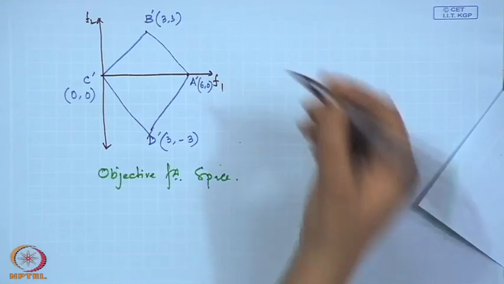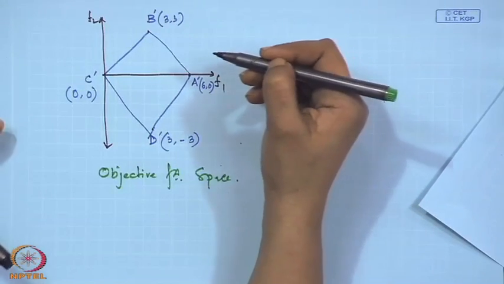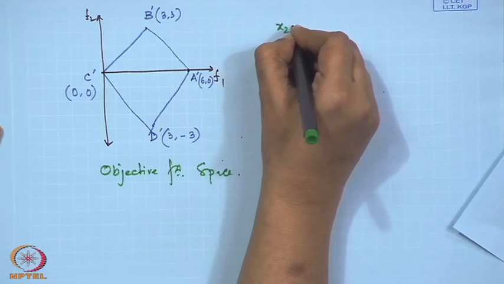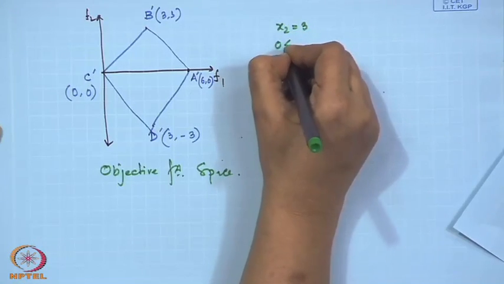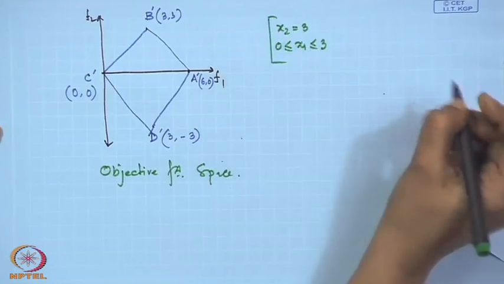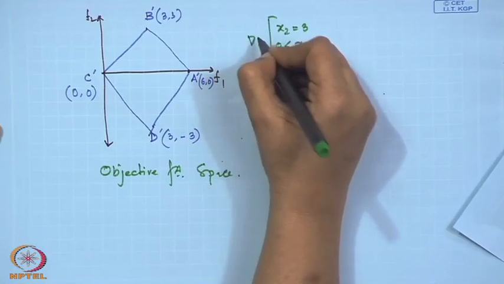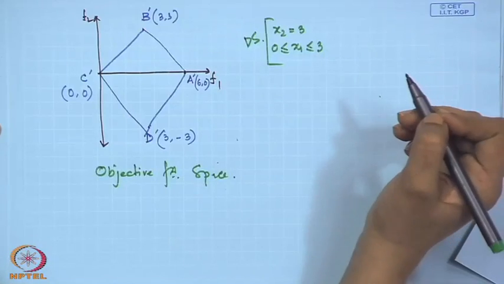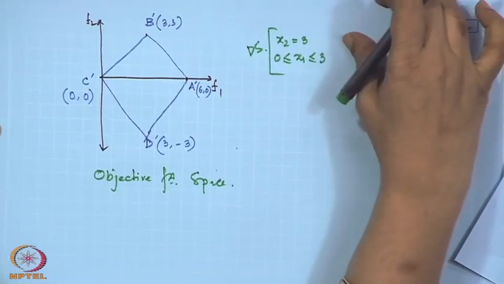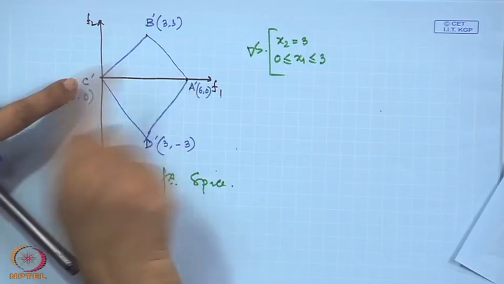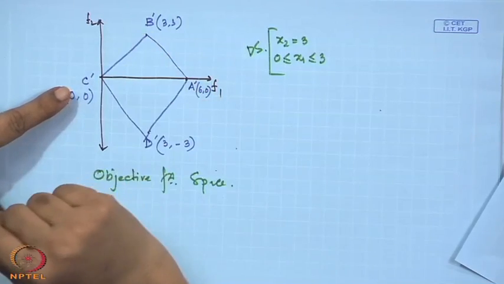Now, in this line, all these points constitute the non-dominated frontier, because you see F1 is maximum here and F2 is maximum here.